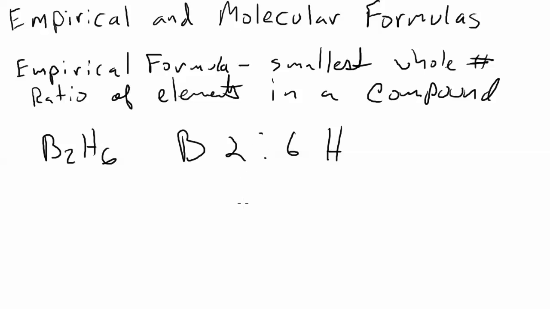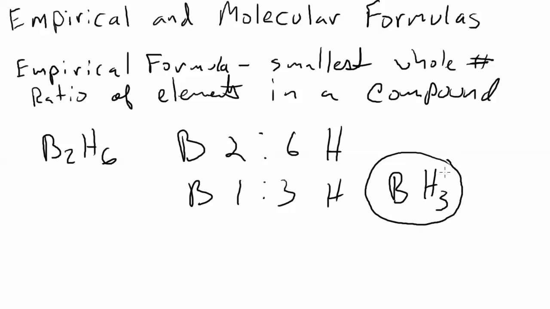You can divide both those numbers by 2, and you can get a ratio of 1 to 3. So that means that the empirical formula, the formula with the smallest whole number ratio for diborane, would be BH3. 1 B to 3 H's. That would be the empirical formula of diborane.